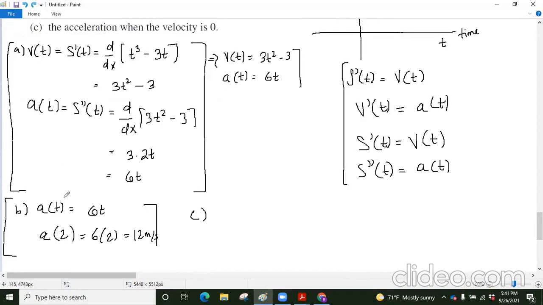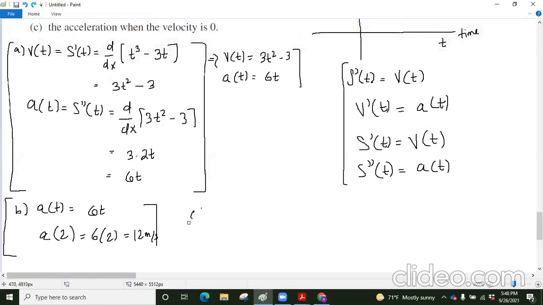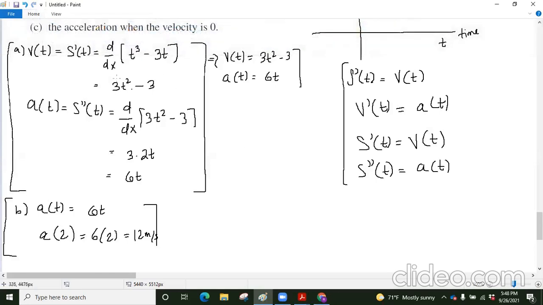Actually, let me go ahead and pull up the correct question. So it's asking us what is the acceleration when the velocity is 0.